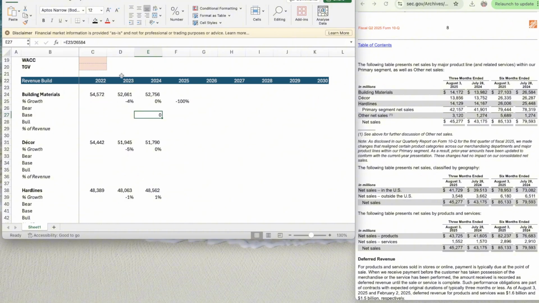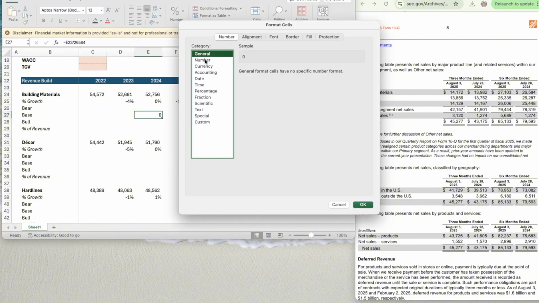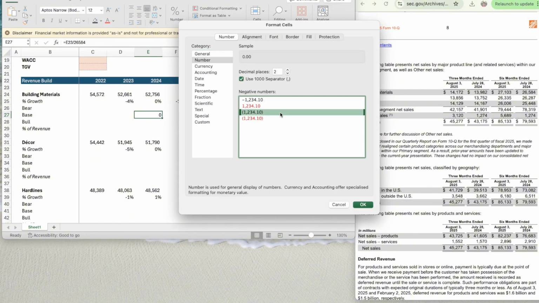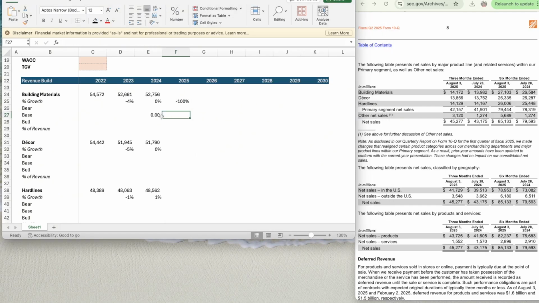Why did that not work? Equals divided by 26,584. Okay, there we go.